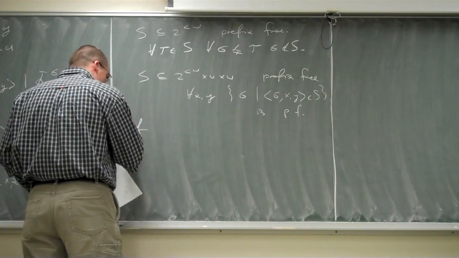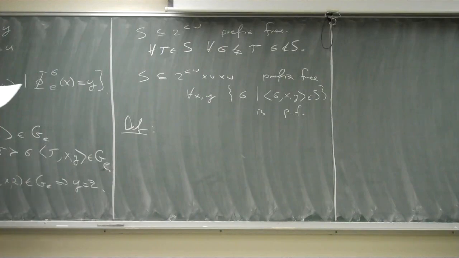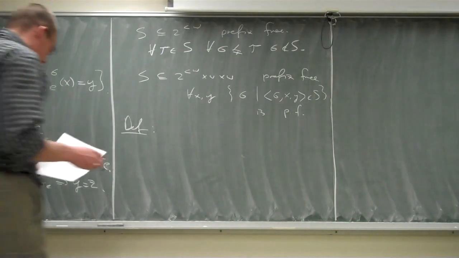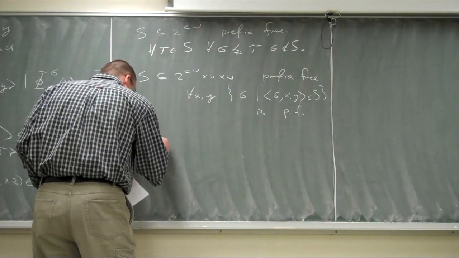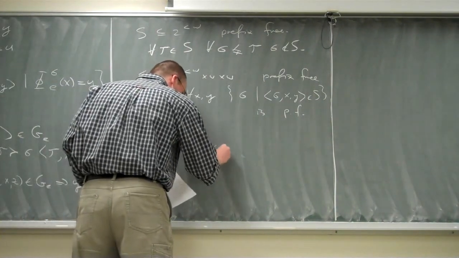Then it turns out that any Turing functional like the ones we've looked at has a prefix-free oracle graph, because you can just straightforwardly define it.